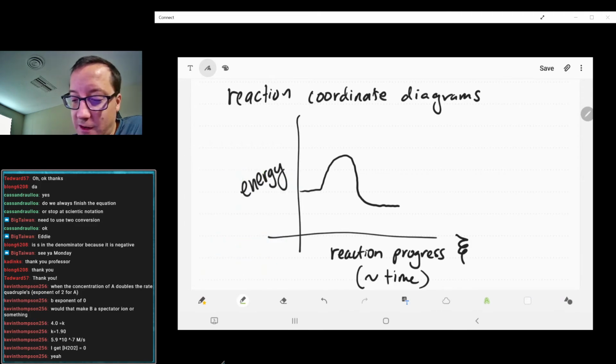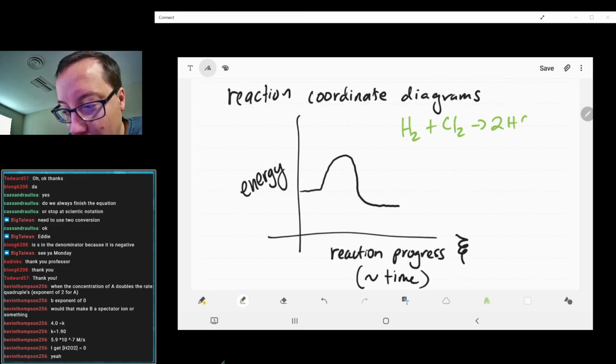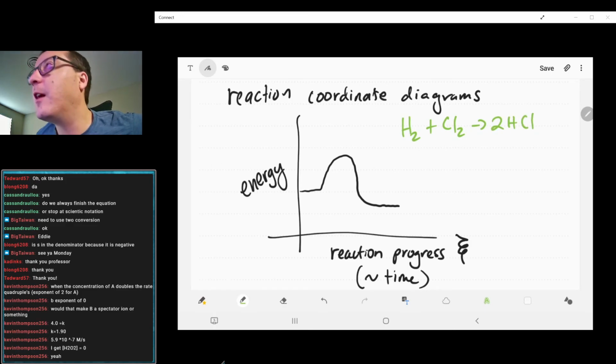So let's say that this is our H2 plus Cl2 turns into 2HCl reaction here. So we've learned previously that in order for these to react, they had to collide, they had to collide with the correct orientation, and they had to have enough energy when they collide for the reaction to happen. And we're going to be able to find that component in this graph.